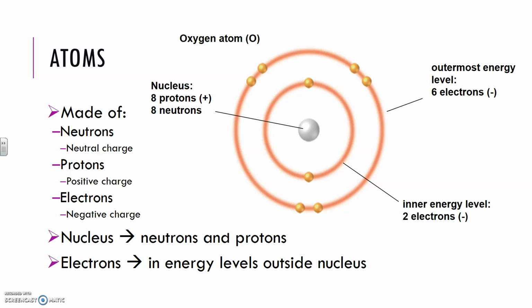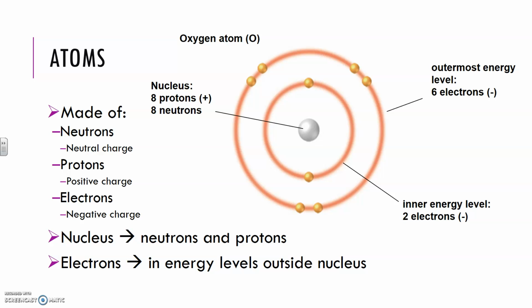If you remember, like repels like. Two positive charges next to each other don't like being next to each other, so they will force each other apart. If there were no neutrons in the nucleus, you'd have all 8 positive charges right on top of each other, and pretty quickly they would force each other apart and the entire atom would fall apart. So neutrons, very important.